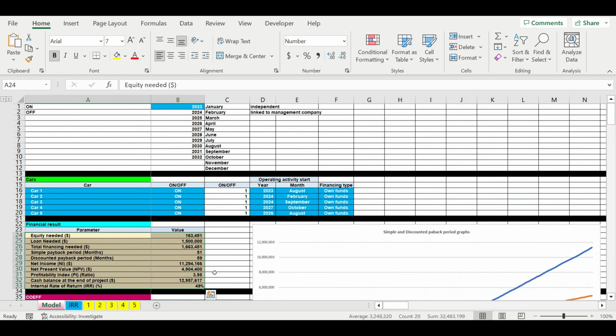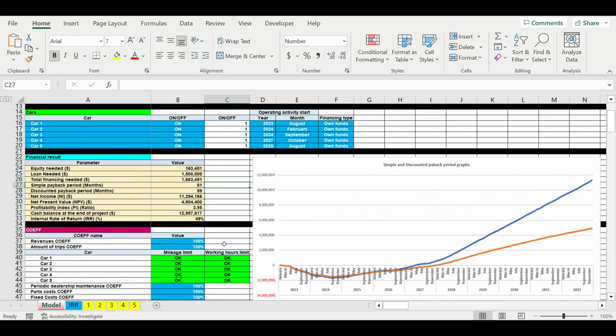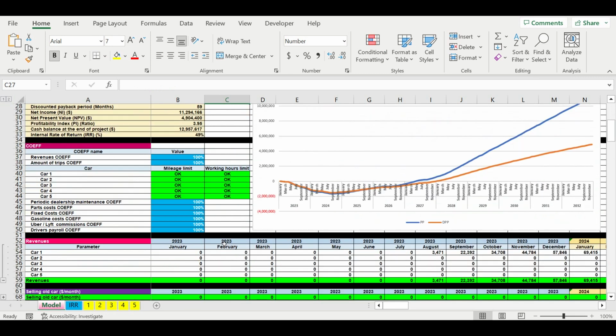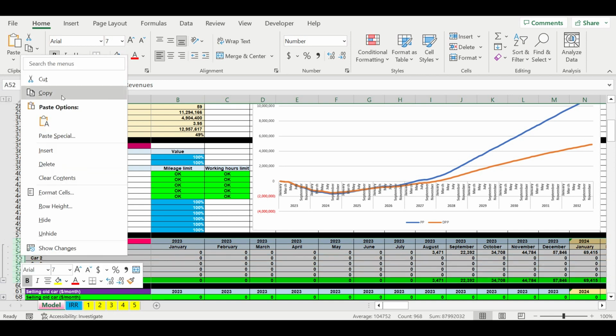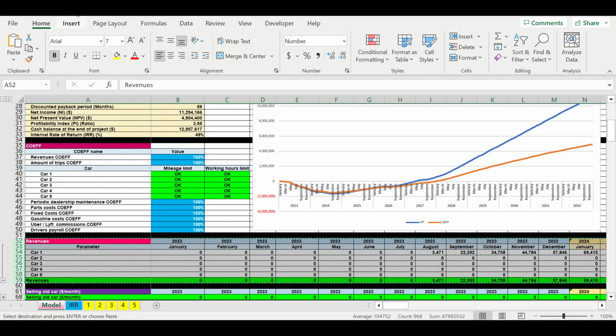And now we need to create a table for the revenues, cost, profit and profitability. So let's add here some lines.